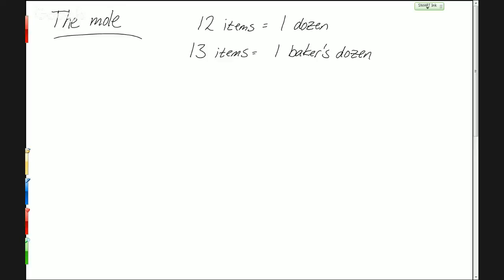So if we had 6 people, how many would we say we have in terms of dozens? Half a dozen, right? Like 0.5 dozen. So you can talk about quantities in these kinds of other terms.